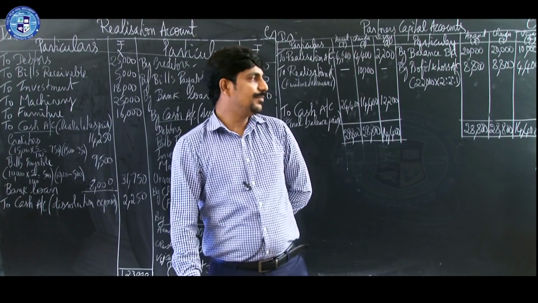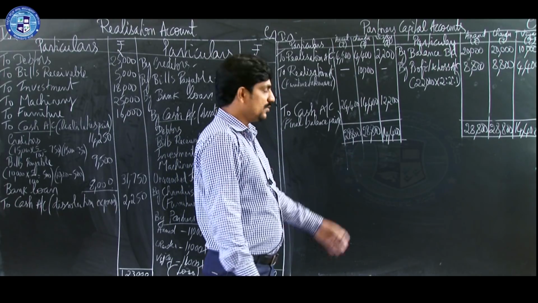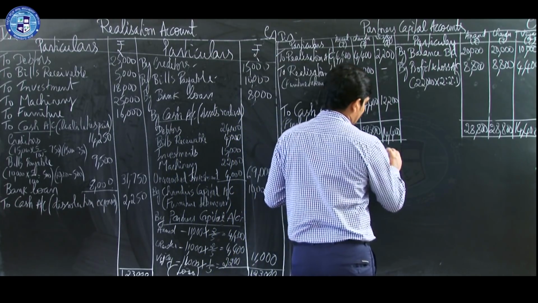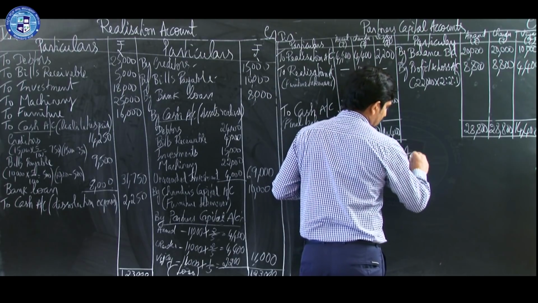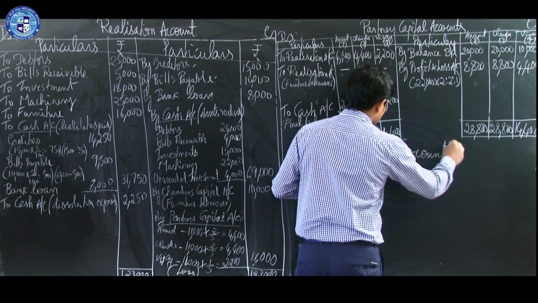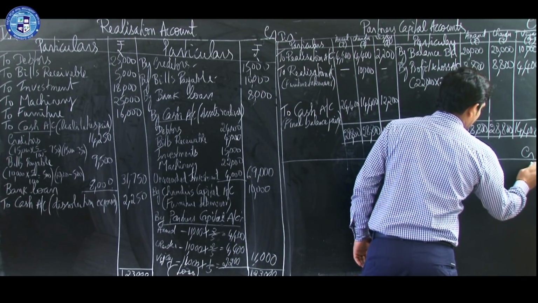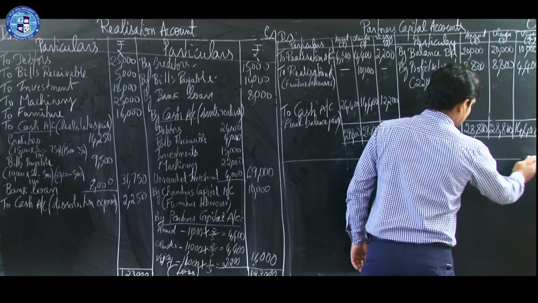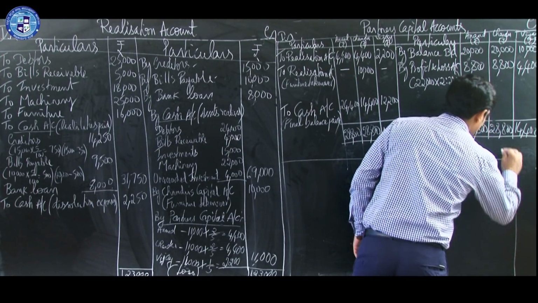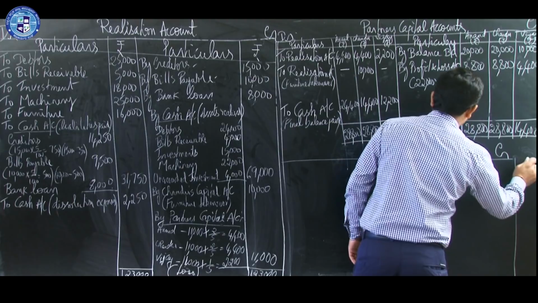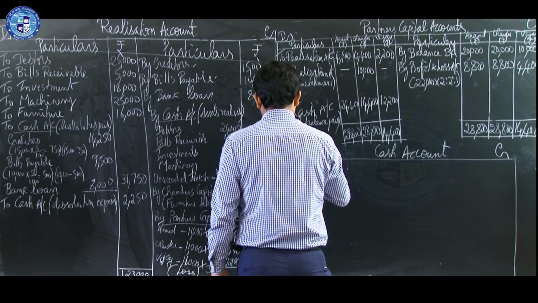So now we have completed the partner's capital account. Let us continue with the last account, the cash account. Let us prepare the last account, cash account. Cash account has two sides, debit side and credit side.